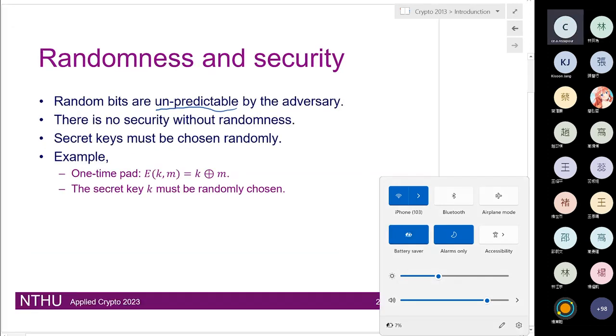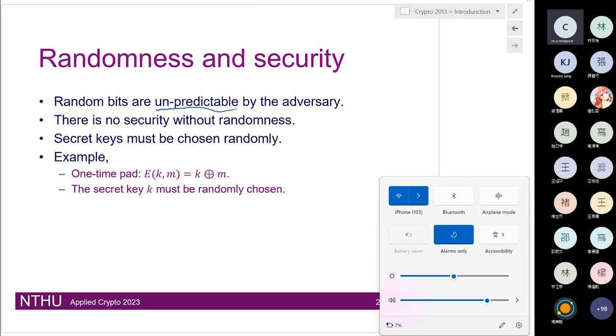To be specific, given the nth bit, it should be hard for the adversary to compute the (n+1)th bit. This is what we call unpredictable random bits.